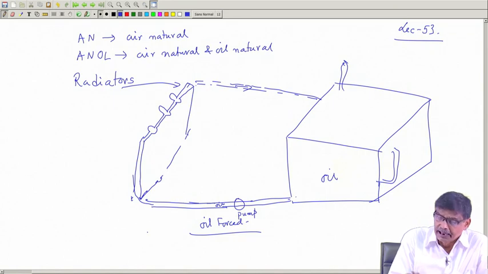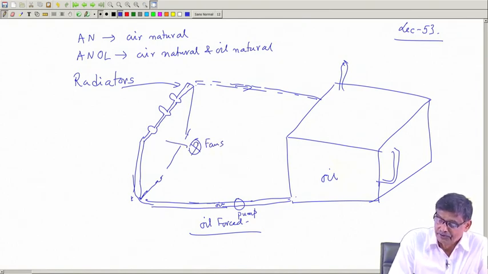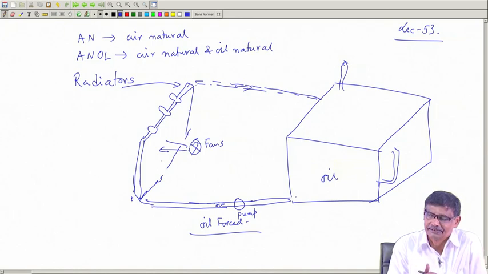Sometimes air is also forced for big transformers. You keep fans here, which will also cool the surface area of the radiators, forced air then.